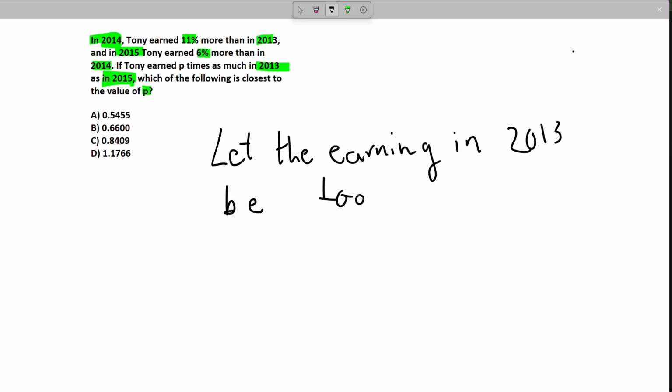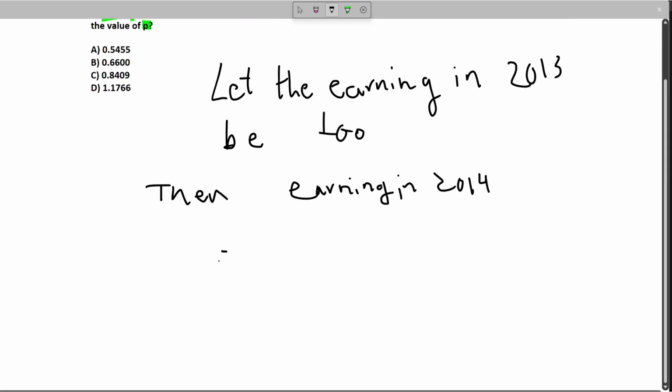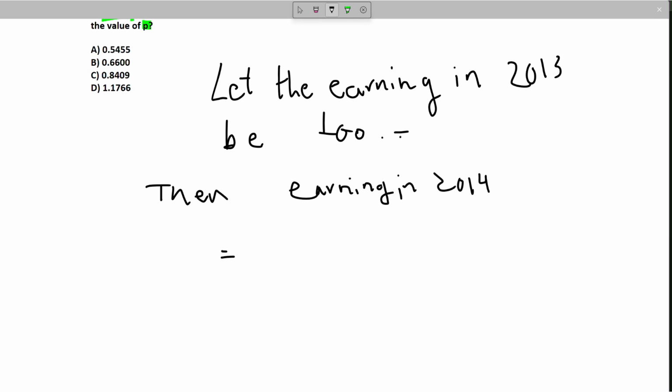Then the earning in 2014 will be, if we suppose this value equals y, then y plus 11% of y.